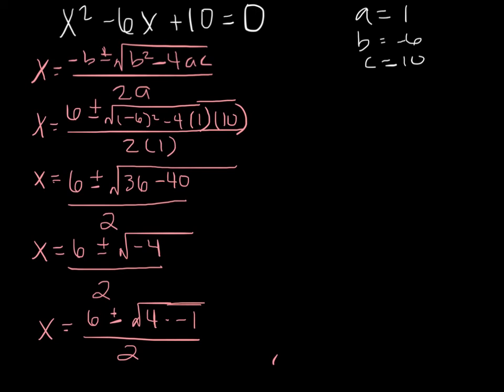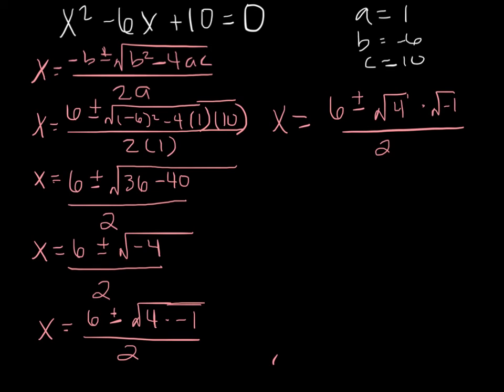so we can pull that out. All right, so we get x equals 6 plus or minus. All right, so when we have two things under a radical that are being multiplied together, we can split them apart into two different radicals. It's just the rules of the radicals. So we've got the square root of 4 times the square root of negative 1 all over 2.